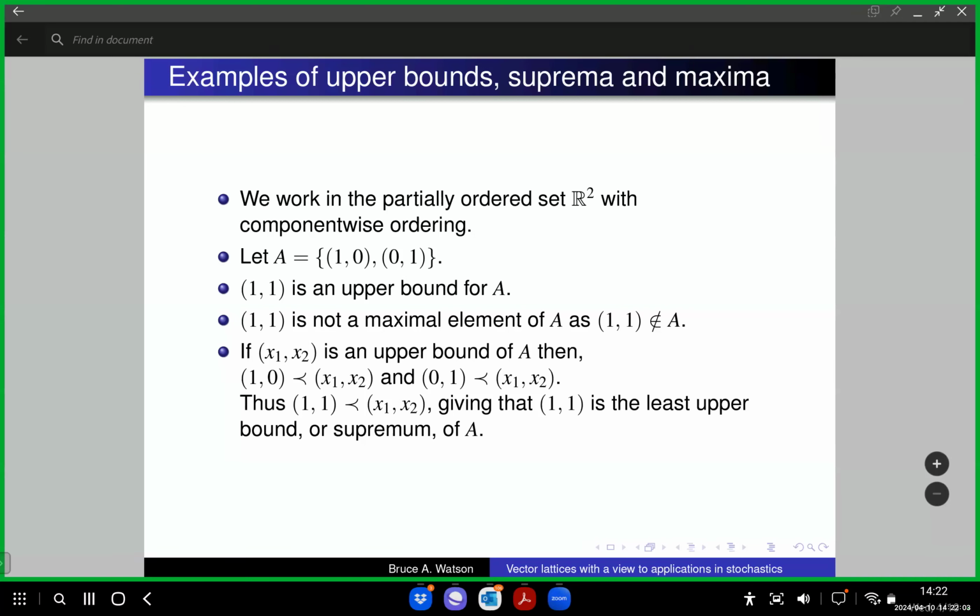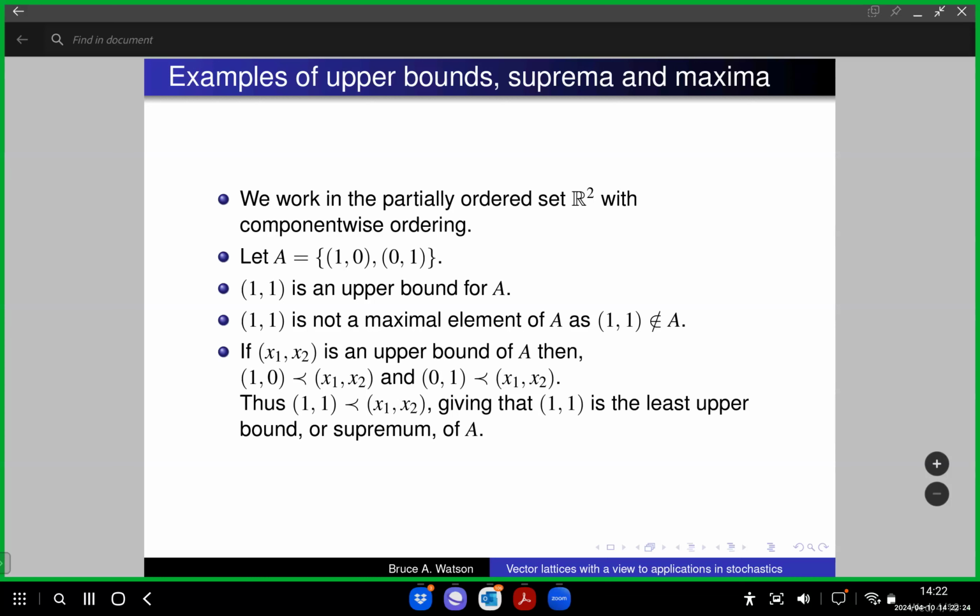Now, what happens if we take any other upper bound (x1, x2) of A? Then we require that (1, 0) is a predecessor of (x1, x2), and (0, 1) is a predecessor of (x1, x2).